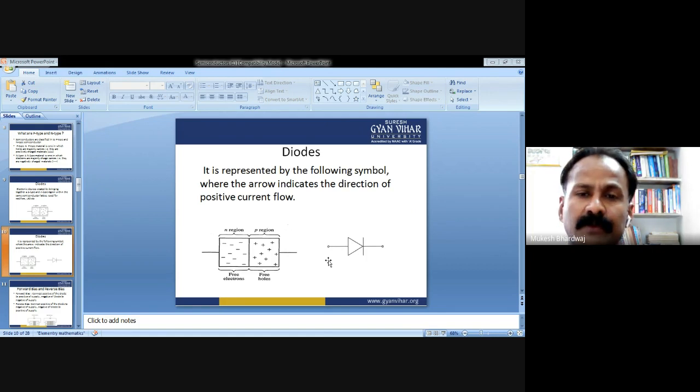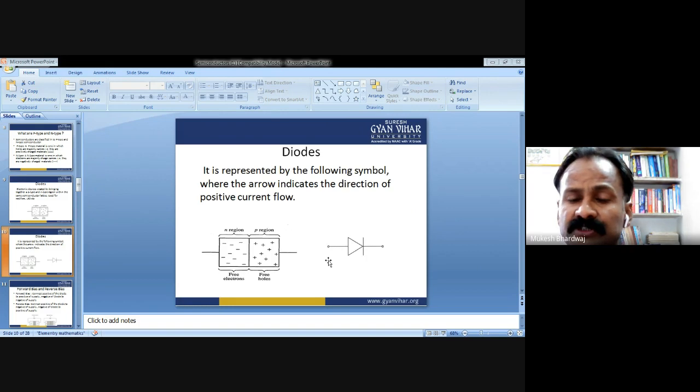When you apply voltage across this diode, that is, when you connect the positive terminal of the battery to the P side and the negative terminal to the N side, then the current starts flowing through the diode, with some variation in the flow of current. We will discuss the VI characteristic of the diode later.